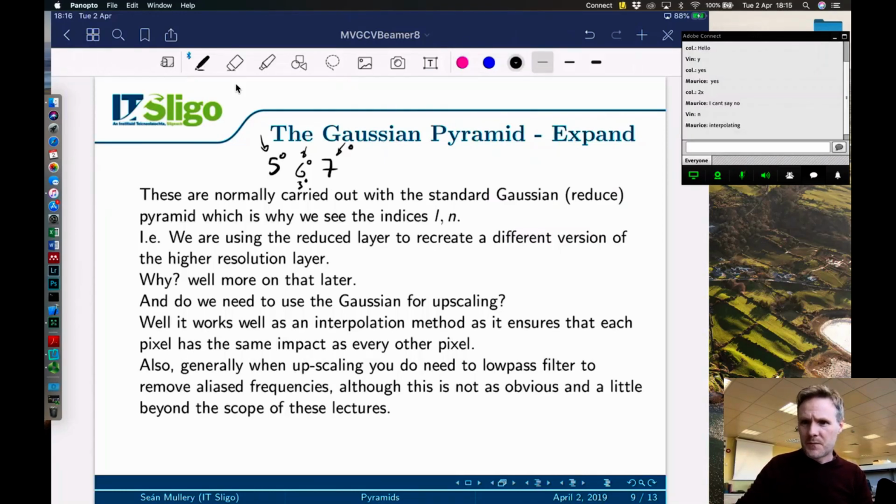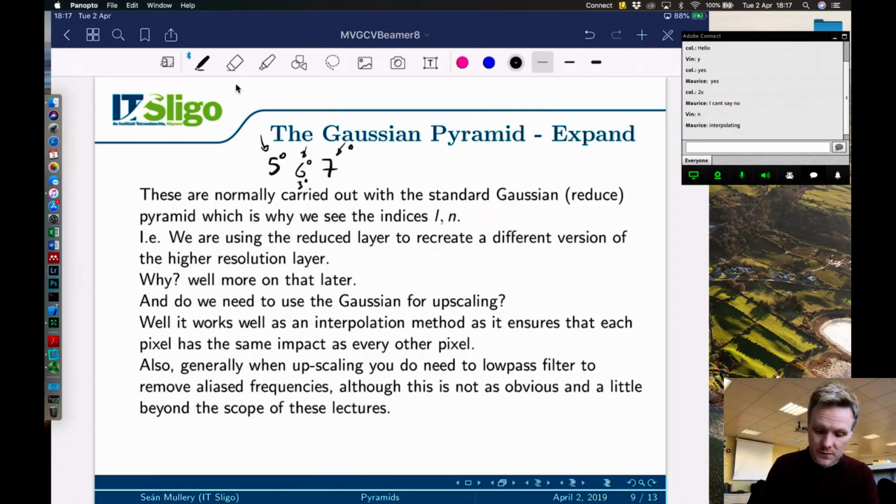Half of that sampling frequency is now a much higher value, and therefore the original signal could have been either of two different possibilities, and therefore you have to remove one of those possibilities before you move up. Okay, I won't say any more on it than that because it's not vitally important for this module, but it is something that is there, and a lot of people would automatically assume, oh, well, the Gaussian isn't needed for smoothing there, but in actual fact it is.